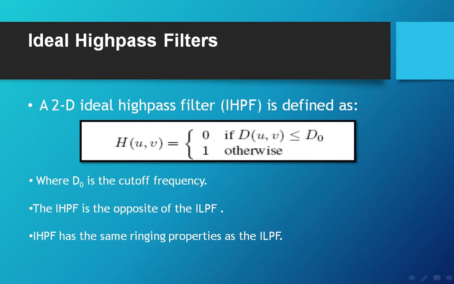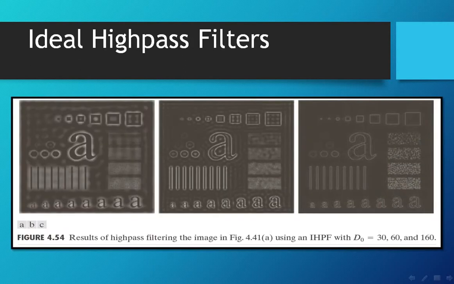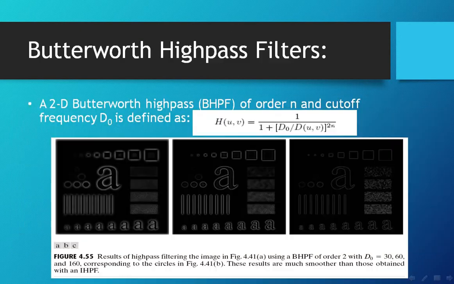It has the same ringing properties as the ideal low pass filter. Example: the first image is the original image. The second image shows the result of high pass filtering using different values of D0: 30, 60 and 160.